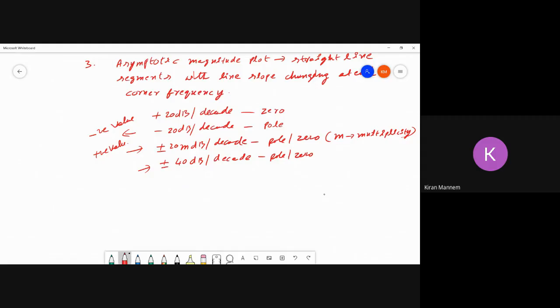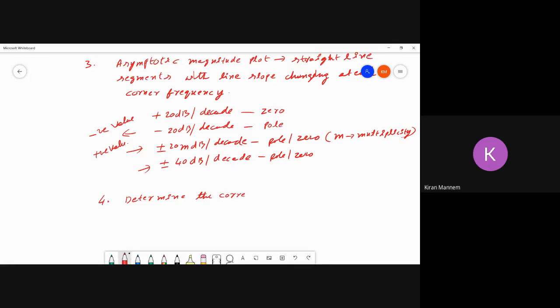Fourth point, determine the corrections to be applied to the asymptotic plot. So what is this plot? We should draw the approximate plot first, then we should do the correction. So find out or determine the corrections. So when do you get corrections?